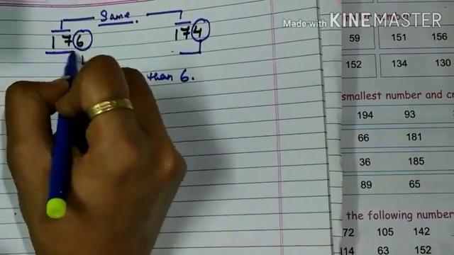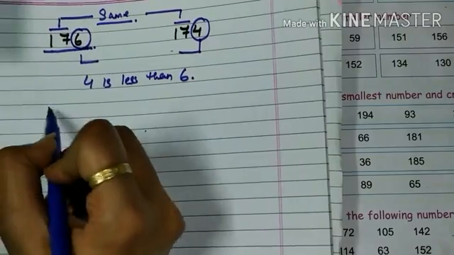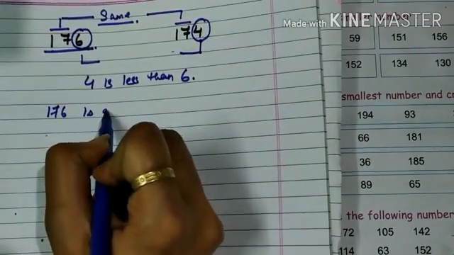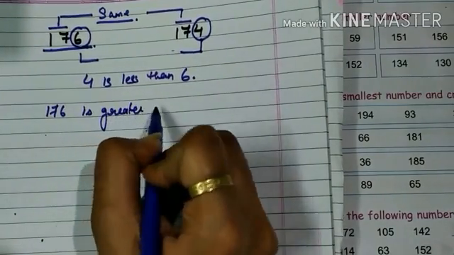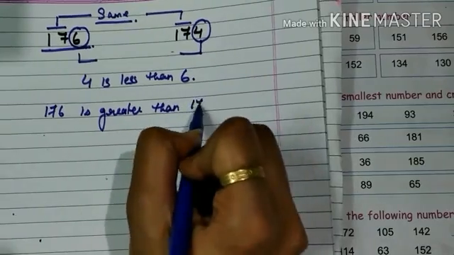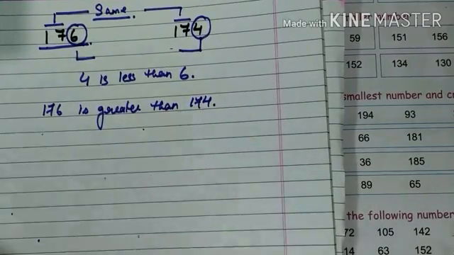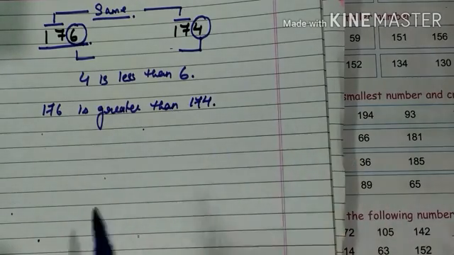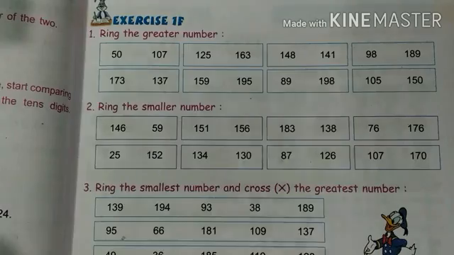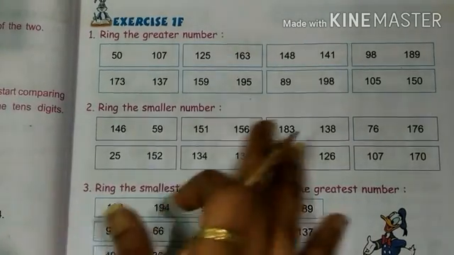So 176 is greater than 174, or 174 is less than 176.